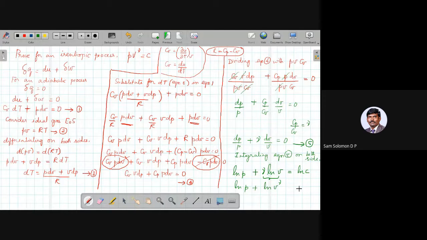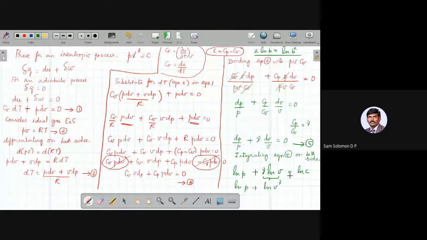You can check this logarithmic rule: a ln V is nothing but ln of V to the power a. So that is the rule, and we are applying that rule. So gamma times ln V is going to be ln of V power gamma, and here you have ln C.